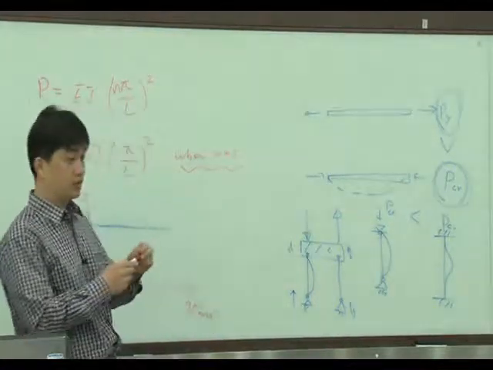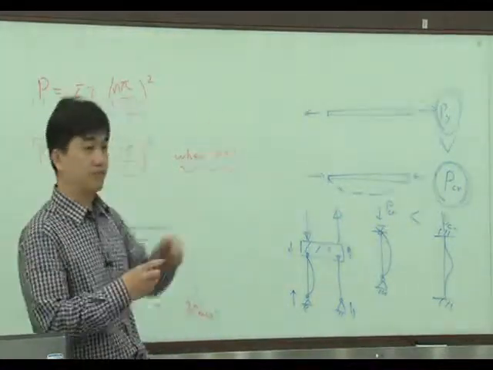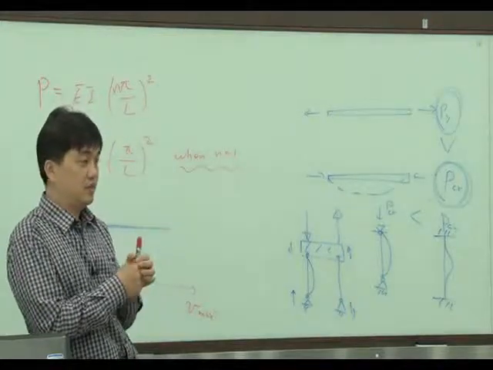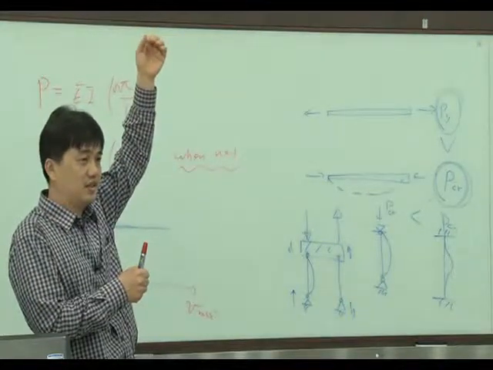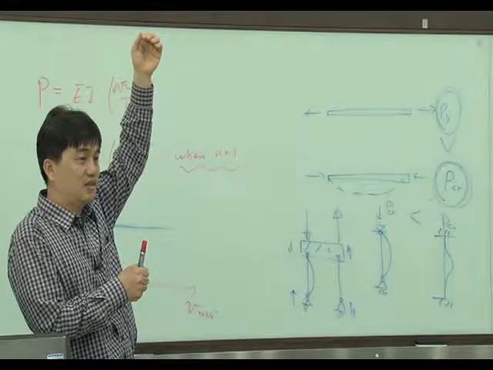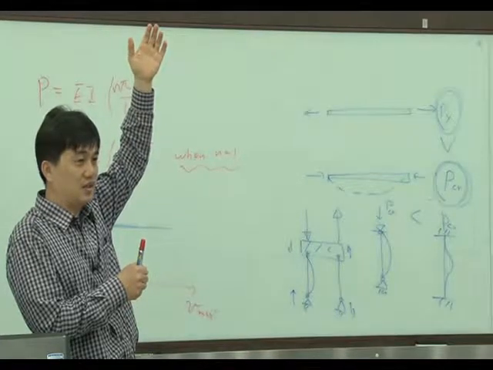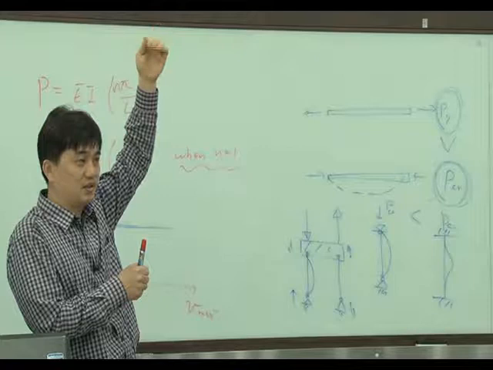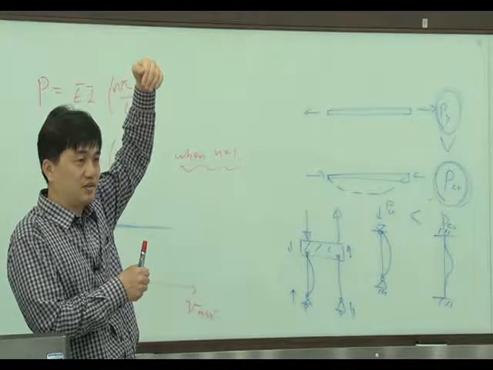And now, I said if the beam column is perfectly straight, then it cannot be buckled, right? It cannot be bent under the compression load.